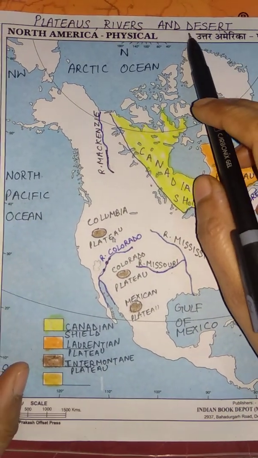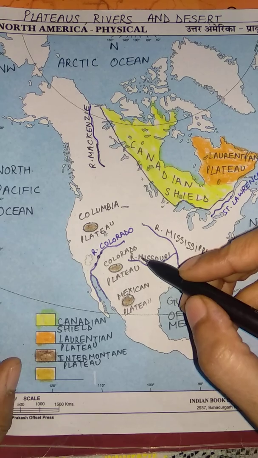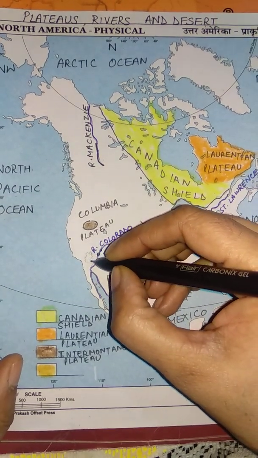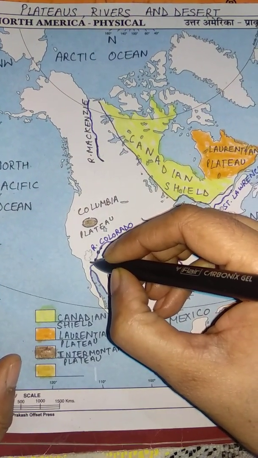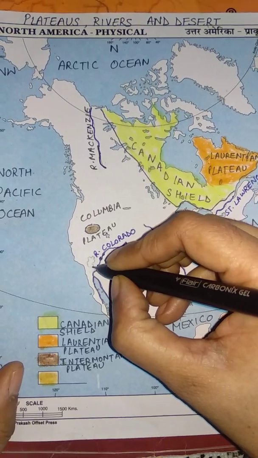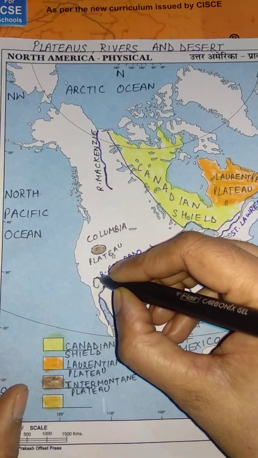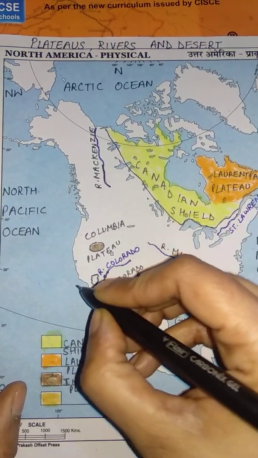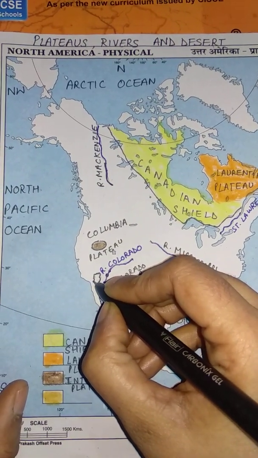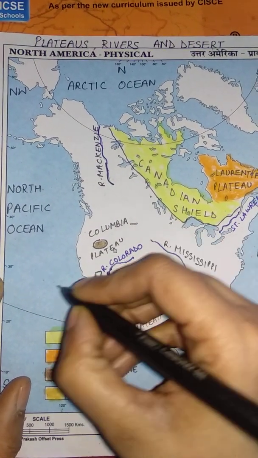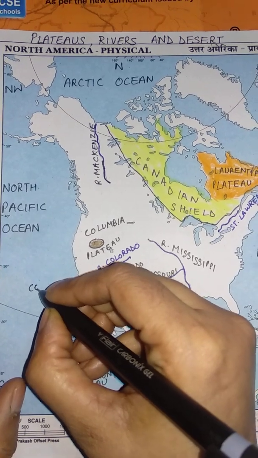Now we have to mark a desert in the continent of North America. In the western side, near the Gulf of California, there is a desert known as the Colorado Desert. Children, if there is no space, you can write the name of the desert outside.